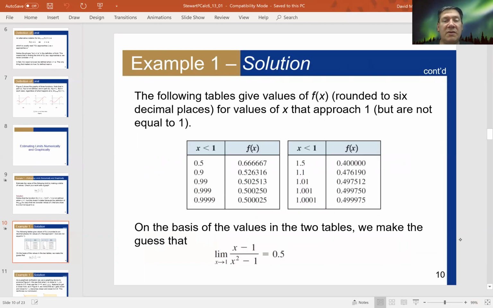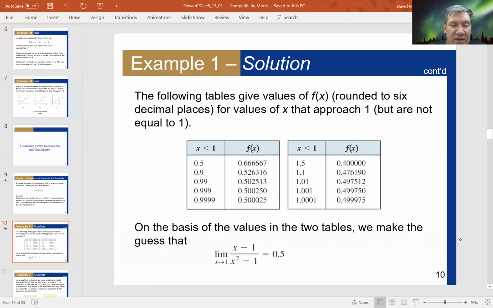So for the values where x is less than 1, if we put in 1/2, 1/2 minus 1 over 1/2 squared minus 1 will give us 2/3. We put in 0.9, 0.526316. We put in 0.99, again values less than 1 but getting closer and closer, 0.502513.